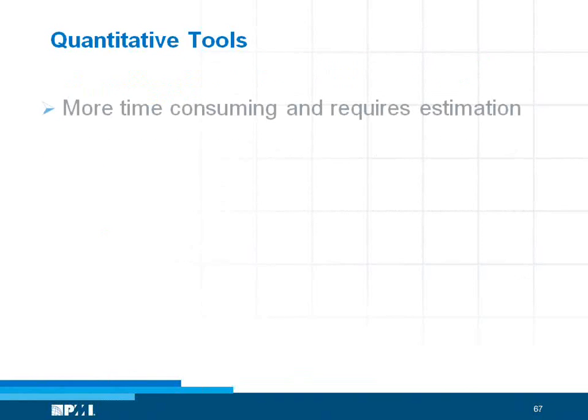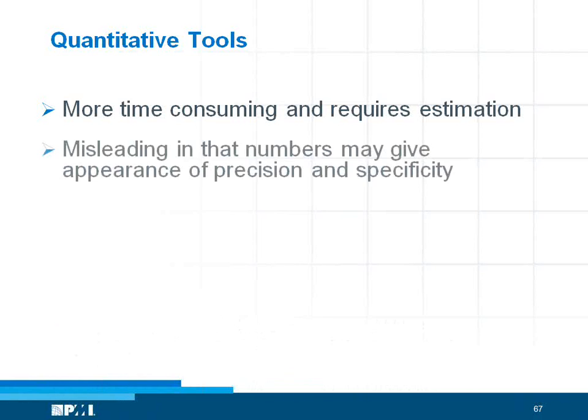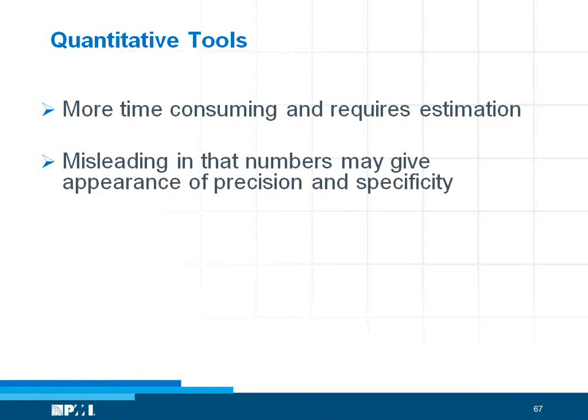Okay, let me now get into the quantitative. Quantitative is a bit time consuming. It requires estimation. There is one disadvantage with quantitative. It is misleading in a way, because numbers give you precision and specificity. This is a thought process people have. But you must remember that we started our assessment based on a subjective judgment of probability.